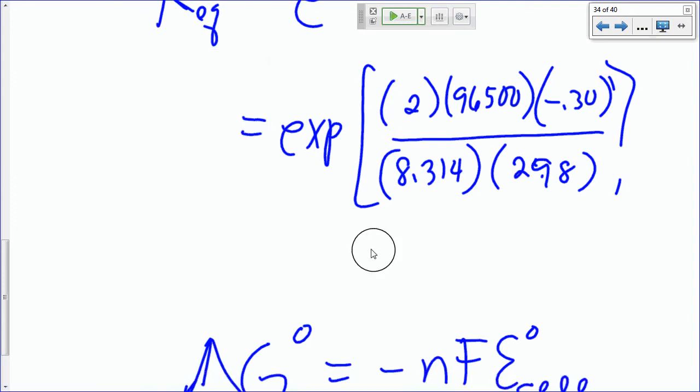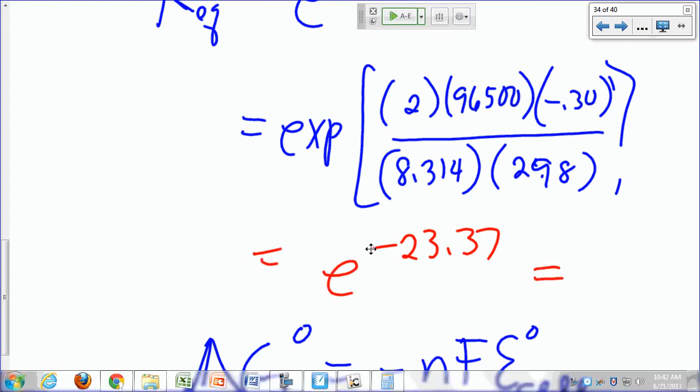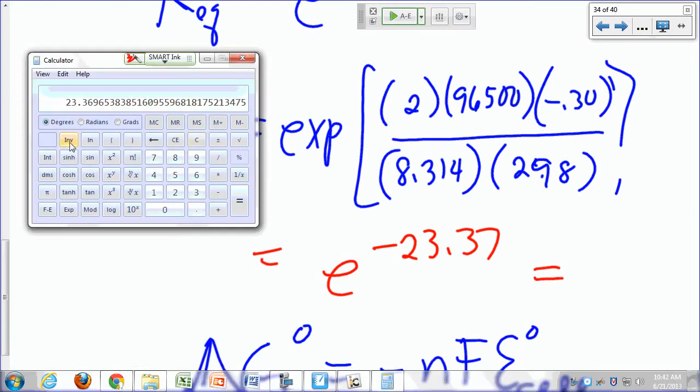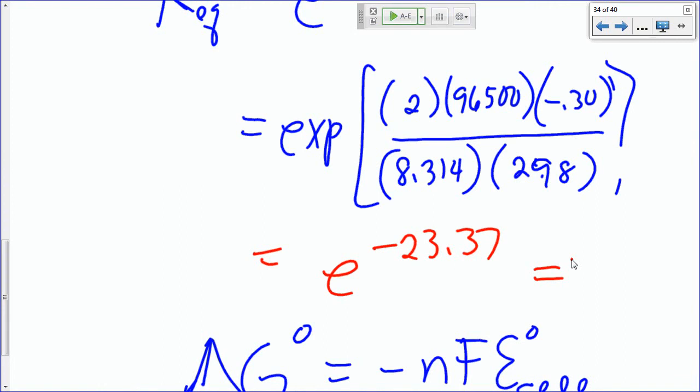That gives you negative 23.37. So e to the negative 23.37, inverse log, make that negative. That's 7.09 times 10 to the negative 11. That's a very small K eq.